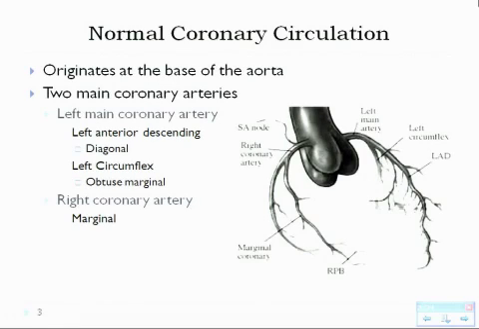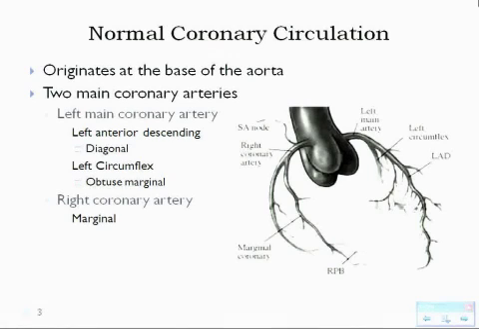The right coronary artery comes off the right coronary cusp area and immediately divides into the marginal artery and another artery that runs along the atrial sulcus. What's interesting is that the right coronary artery provides most of the blood supply to the SA node as well as to the AV node.